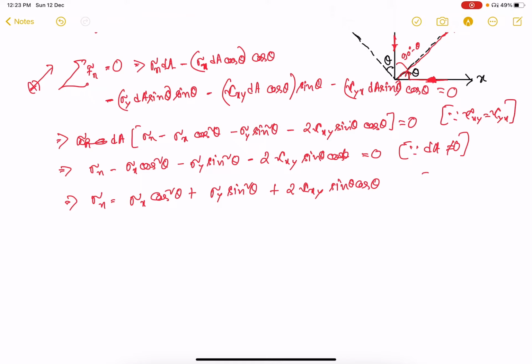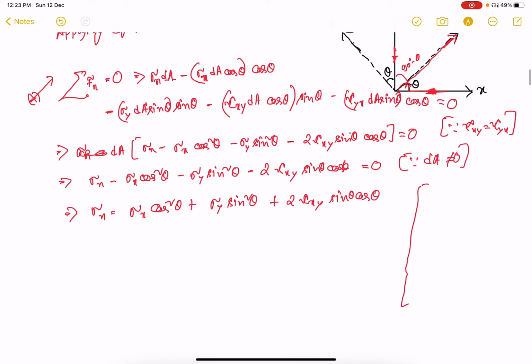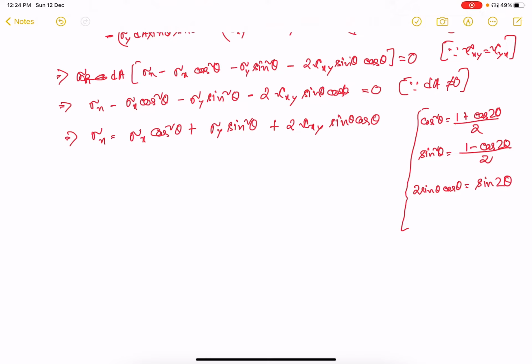Now cos square theta is equal to 1 plus cos twice theta divided by 2. Sin square theta is equal to 1 minus cos twice theta divided by 2, and 2 sin theta cos theta is equal to sin twice theta. It's from trigonometry only.